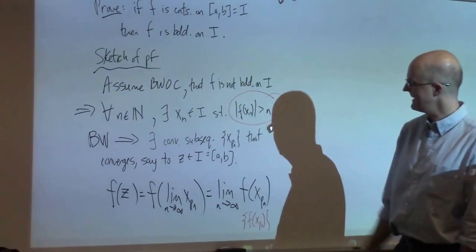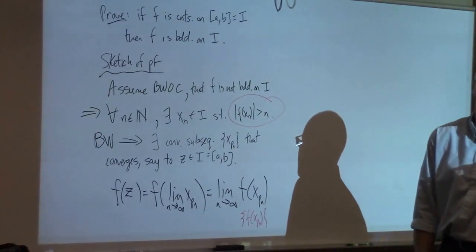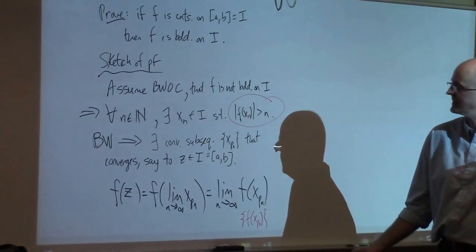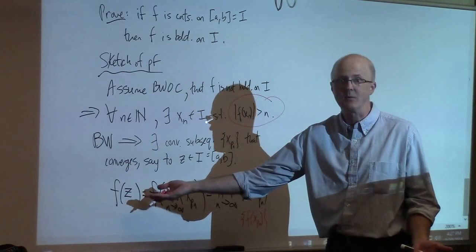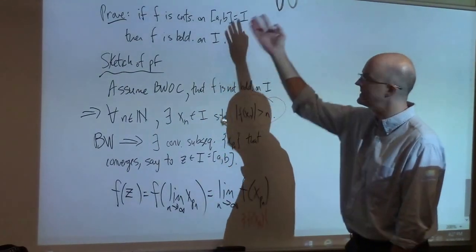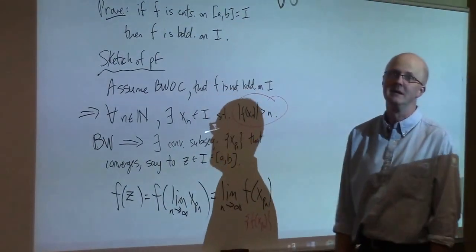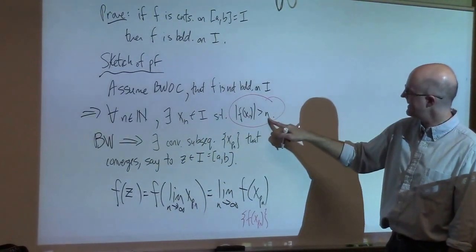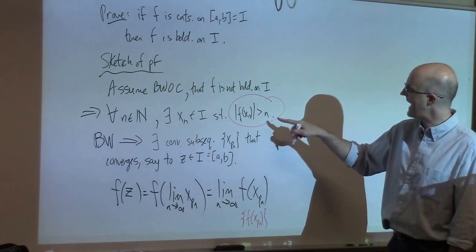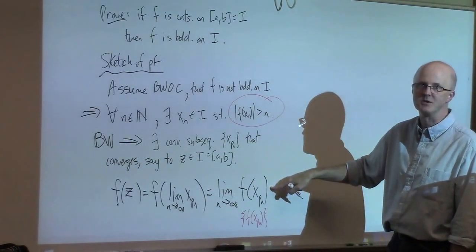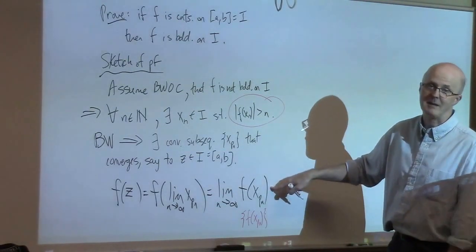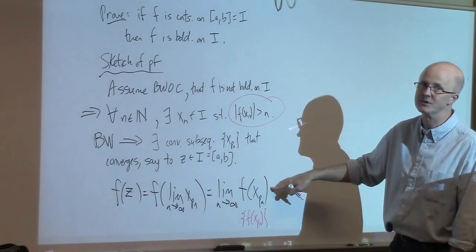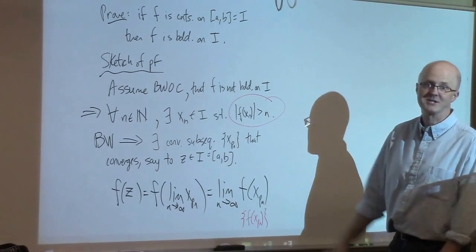Because of this, that's a divergent sequence, which is a contradiction. Because f of z does have to equal something because z is in the interval and f is continuous and defined in the interval. So the fact that this is true means that this sequence does not converge. It can maybe diverge to infinity, but it doesn't converge to a number. And that essentially is our contradiction.